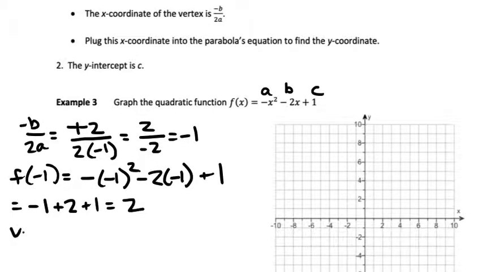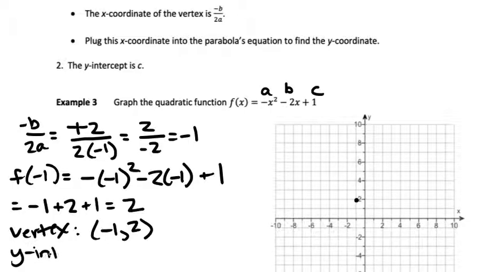So my vertex is negative 1 for the x-coordinate, 2 for the y-coordinate. So that's going to be right here. My y-intercept, well, that's easy to find. That's just the value of c. So the y-intercept is 1.